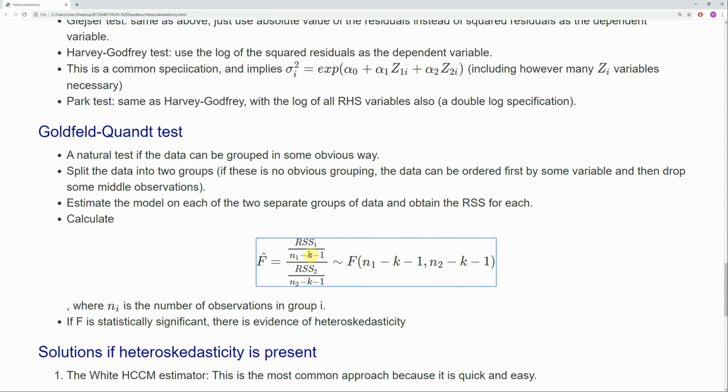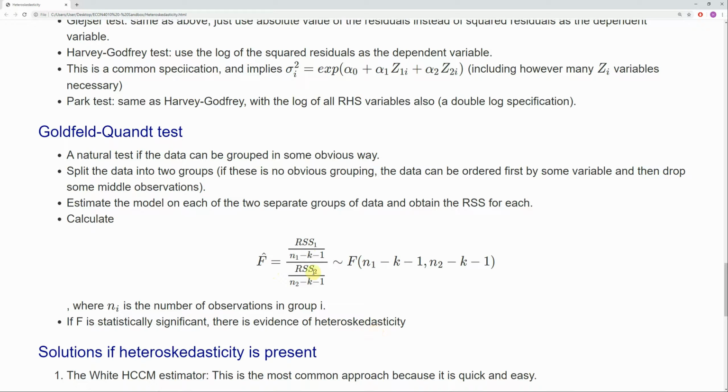You have the same model in both cases, so you have the same number of parameters, and then you take these 2 residual sum of squares divided by the degrees of freedom, and the ratio of those two from those 2 models gives you an F statistic, similar to what you've seen in your ANOVA test. Now, if this F statistic is statistically significant, you have found evidence of heteroskedasticity.